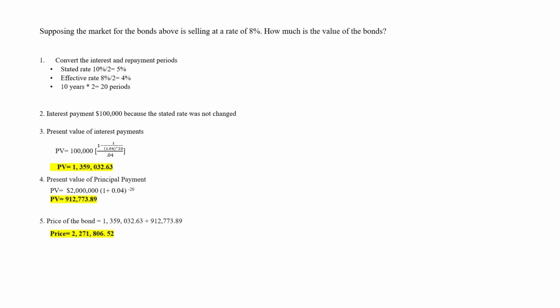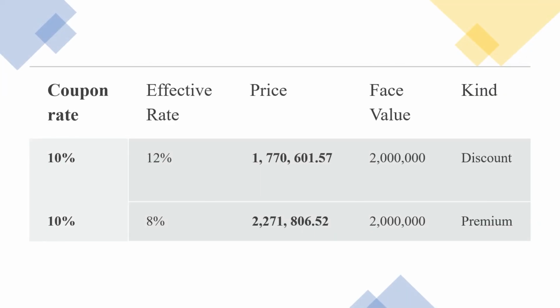So to summarize, we have this table. Our coupon rate is fixed at 10%. When we had the effective rate at 12%, our price was 1,770,601, which is below the face value of 2 million. So it is said that we are selling at a discount, or it is a discount bond.